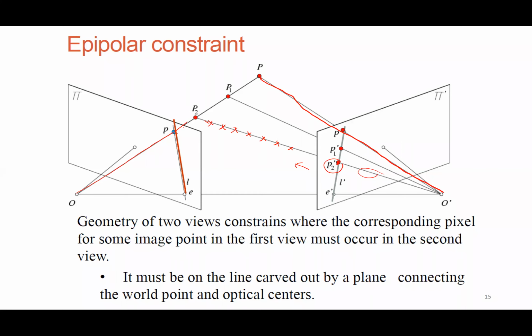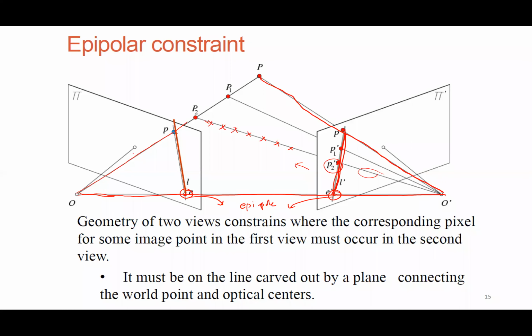That's how the plane is coming. And you would figure out that there is a plane here, which is formed by connecting these two centers of projection, that would intersect here at these two points. And these are, I guess, called epipoles.